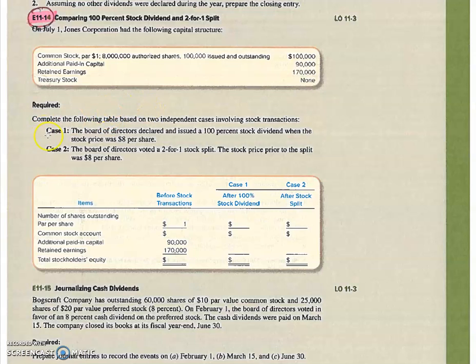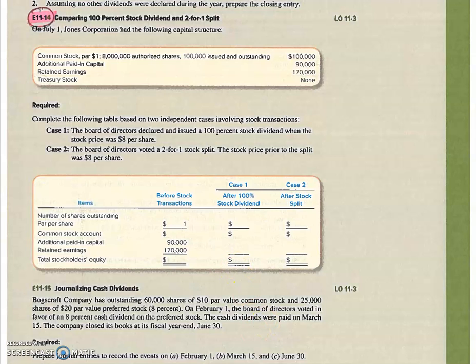And our time, we've got about 1.5 minutes. I'll go as far as I can. So case 1, the board of directors declared and issued a 100% stock dividend. The stock price was $8 per share. Stock price is unimportant because it's a large stock dividend. It's accounted for at par. So before the stock dividend, we had $100,000 here. After the stock dividend, we are going to have $200,000 here and only $70,000 in retained earnings.